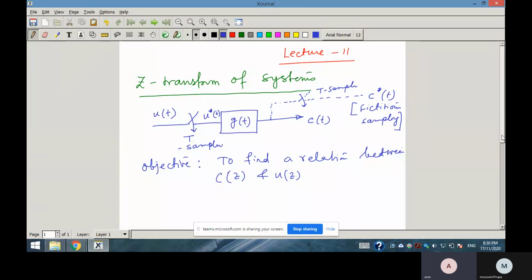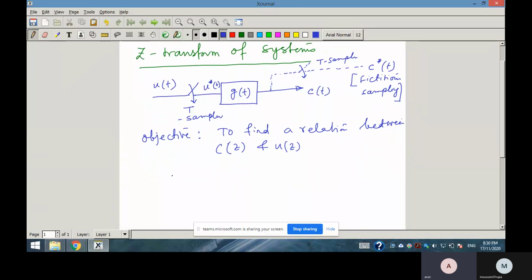So now, what is your c(t)? Using the convolution theorem, c(t) is the integral from tau equal to 0 to infinity of u*(tau) into g(t minus tau) d tau, because the input signal is u*.